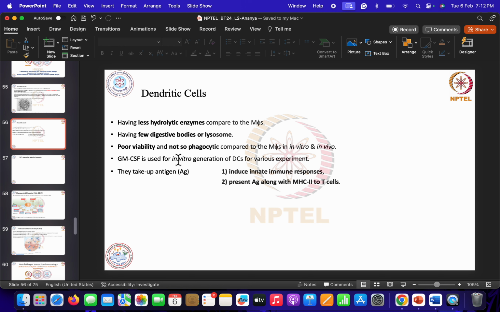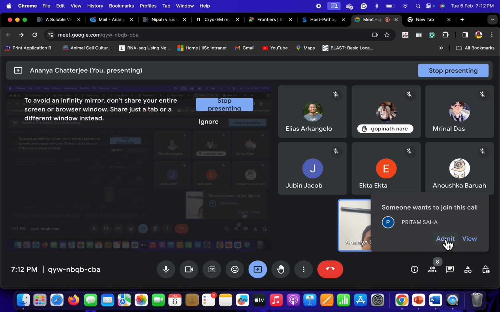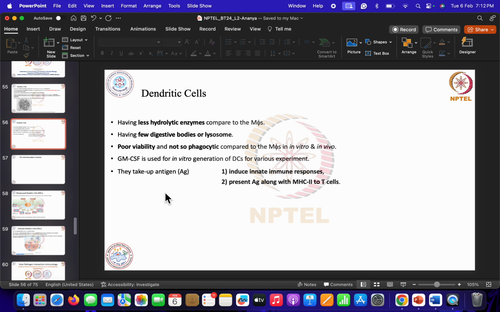GM-CSF is used for in vitro generation of dendritic cells for various experiments. They take up antigen, induce innate immune responses, and present antigen along with MHC2 to T cells.